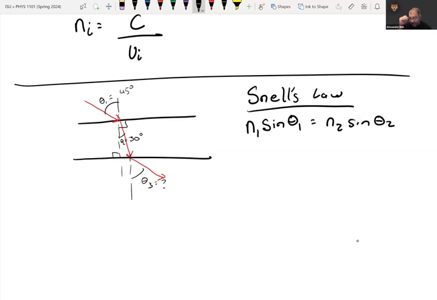So if I wanted to find these, I would need to know at least one of the indices of refraction. That's still an unknown. So I'm going to say this is air. For air, n sub air is approximately equal to 1. That's typically what we use. If you're doing really precise work that does involve vacuum, you might change it. But for normal purposes, we'll just assume it's 1.